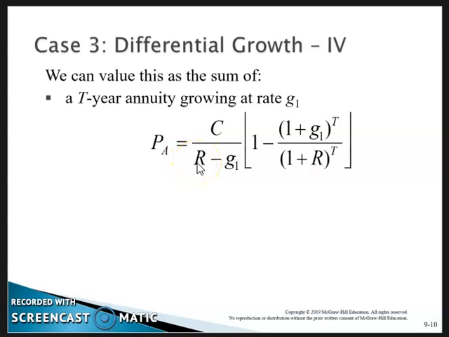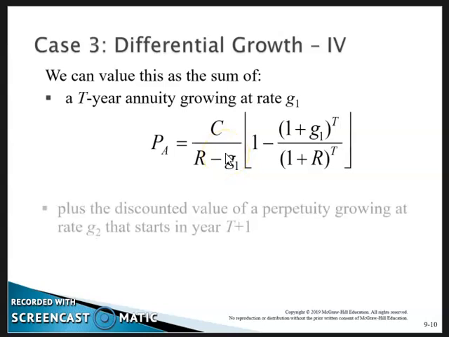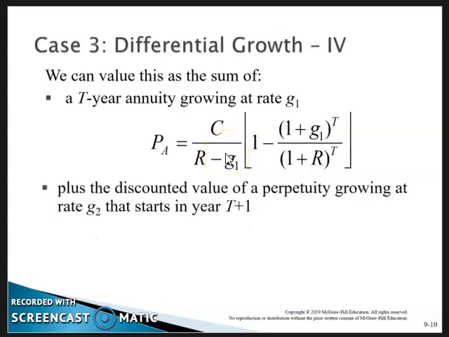So then the second part of this is the perpetuity. This is probably a little bit different than the formula you've seen previously, but I'll show you how to do it both ways.